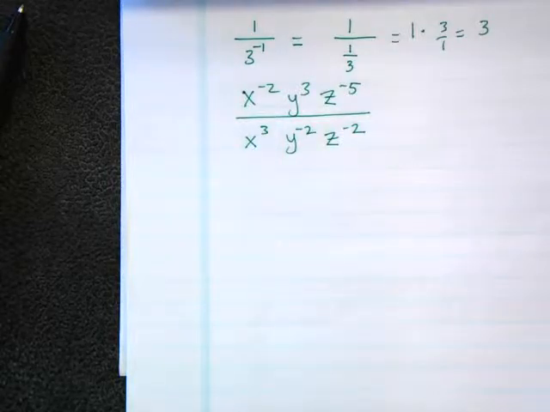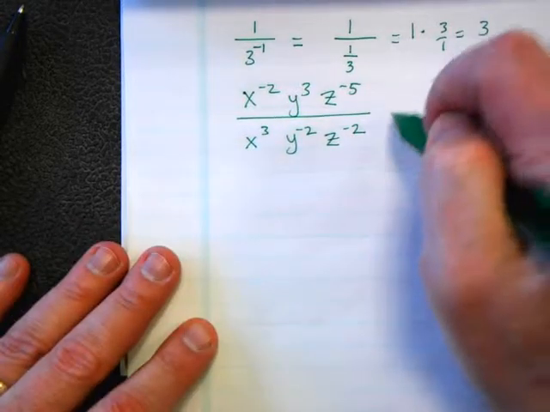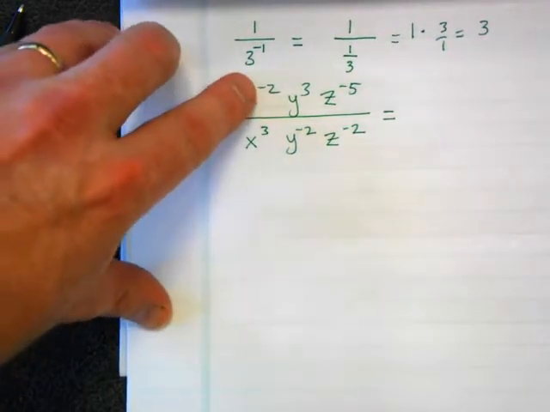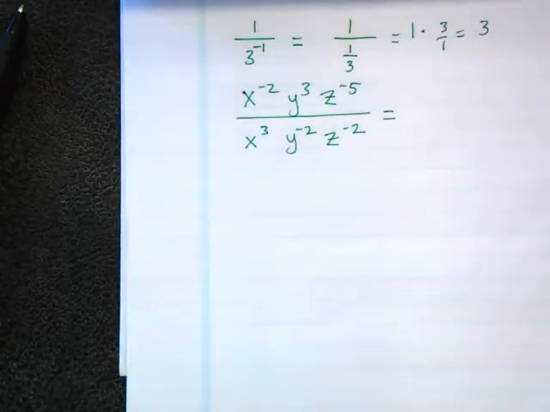What might you do? Okay, there's two ways to attack this one. Way number 1 is to subtract the exponents. So I'll do it way number 1 first. I take my x's. I take negative 2 minus 3. What's negative 2 minus 3?